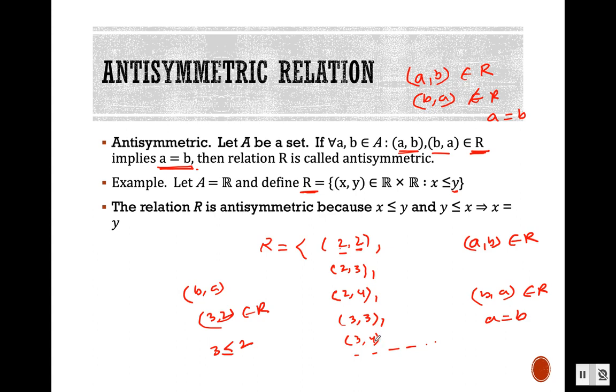Similarly, (4, 3) is not going to belong to R because 4 is not less than or equal to 3. So an antisymmetric relation means that if (a, b) belongs to R, then (b, a) belongs to R only if a equals b.